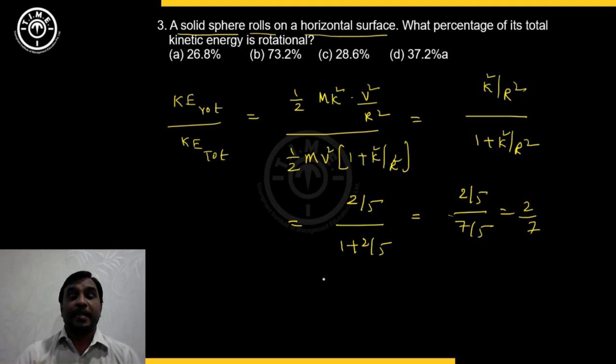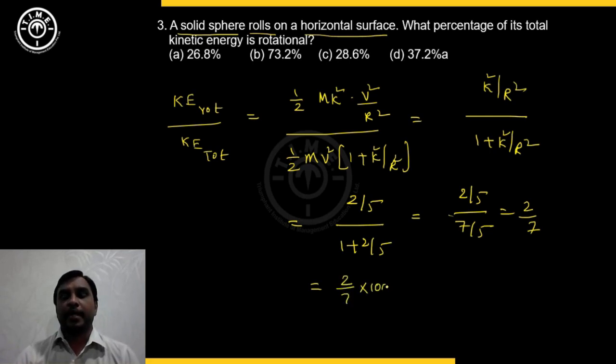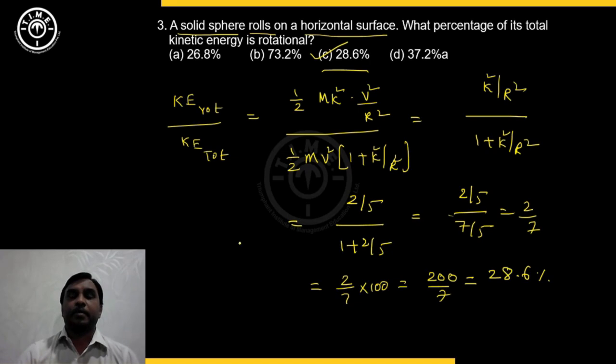He asked for the percentage, so 2 by 7 into 100 gives you 200 by 7, which is 28.6 percent. So option C is correct.